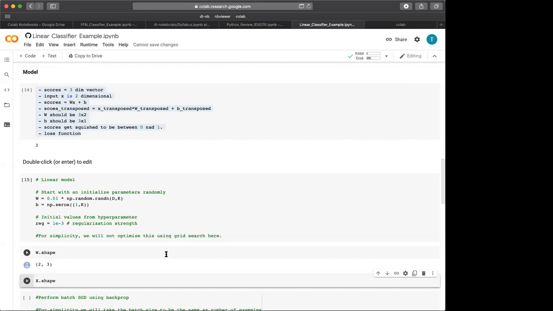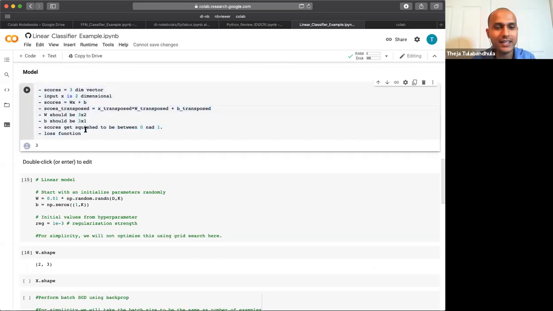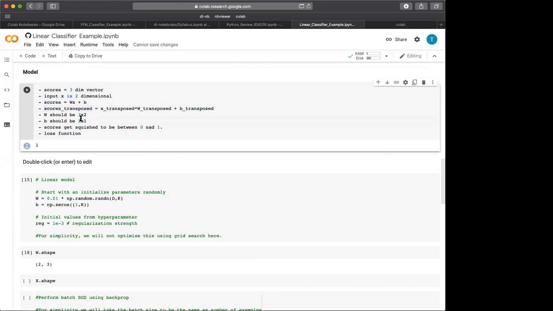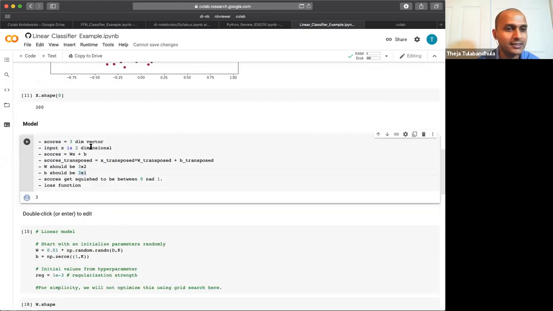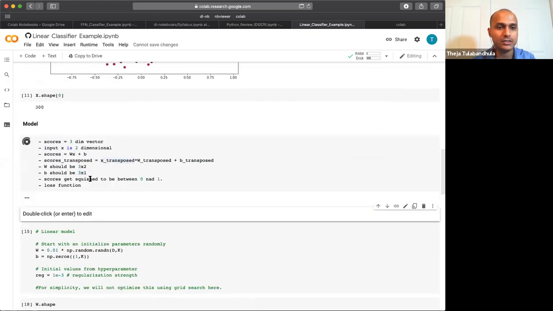Professor, I don't have a question, but I think you want to put an R in the scores transposed, because right now it's scores transposed. Yeah, sorry, good point. This cell is a text cell, so I changed it. If I execute it, it's just going to be bullet points.